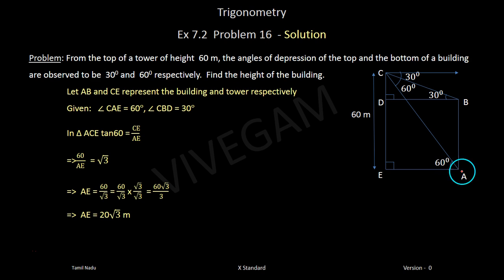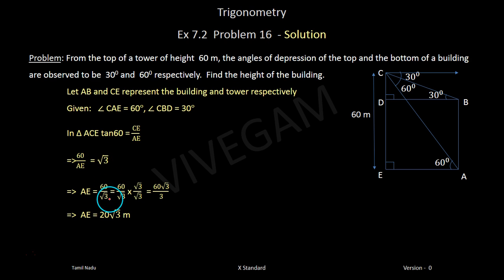Now consider triangle ACE. Tan 60 will be equal to opposite, that is CE divided by AE. That is what is given here. And what is tan 60? Tan 60 is root 3. So CE is 60, so 60 by AE will be equal to root 3, or AE will be 60 by root 3.